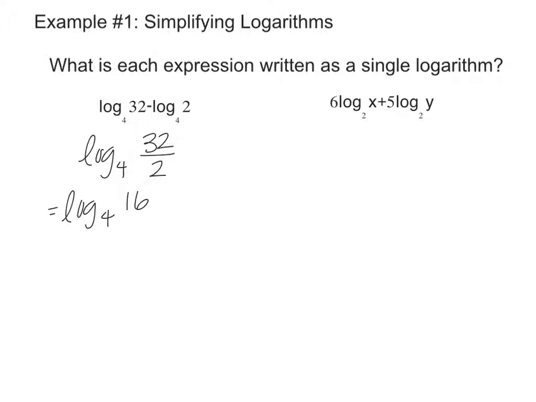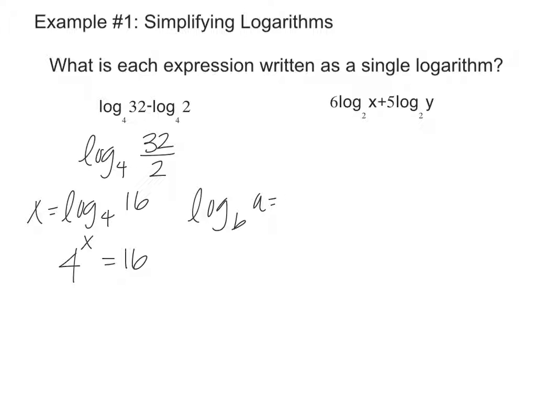And I know it says write each expression as a single logarithm, but in this case, because they're just numbers, we can actually go ahead and solve. So at this point, remember, it's kind of like saying 4 to the what power equals 16, right? Because log is the exponent.